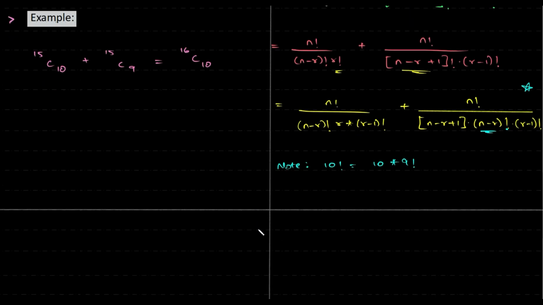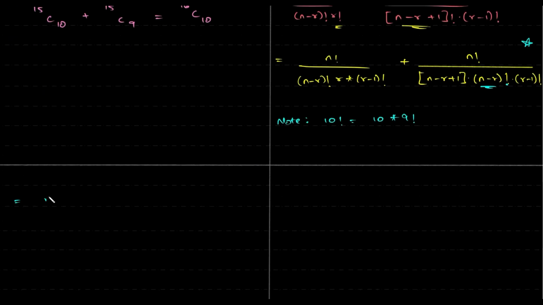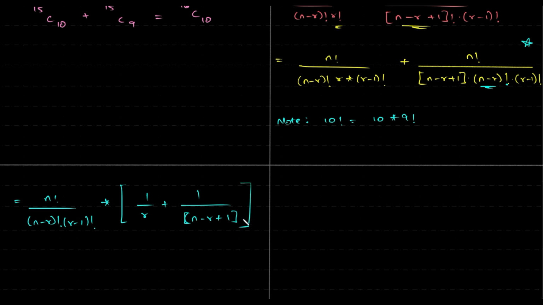And further, I'll take common. In the numerator we have n factorial. In the denominator we have (n minus r) factorial and (r minus 1) factorial into, inside the brackets, 1 by r plus 1 by (n minus r plus 1), closing the brackets.